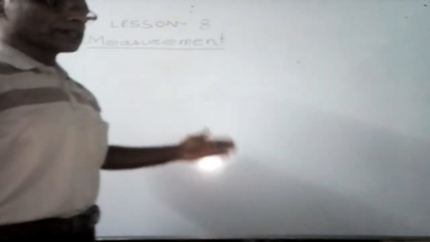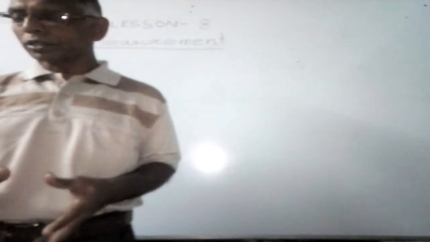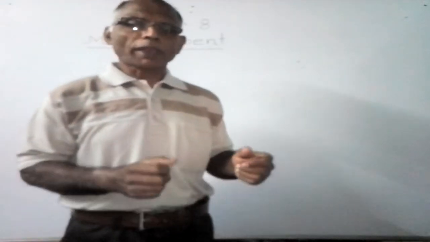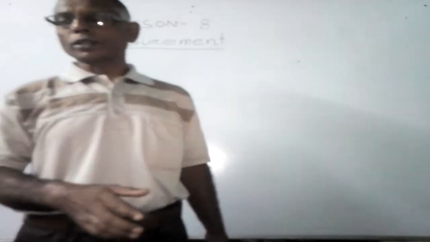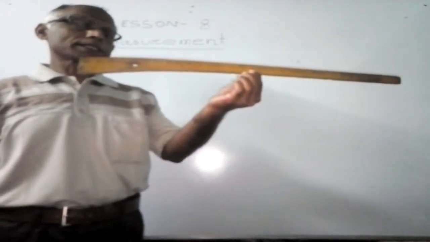So to measure whether something is heavy or light, you have seen the businessman use different types of weight measurers, isn't it? Balance. One balance you have seen. You can keep one stick in a balance.